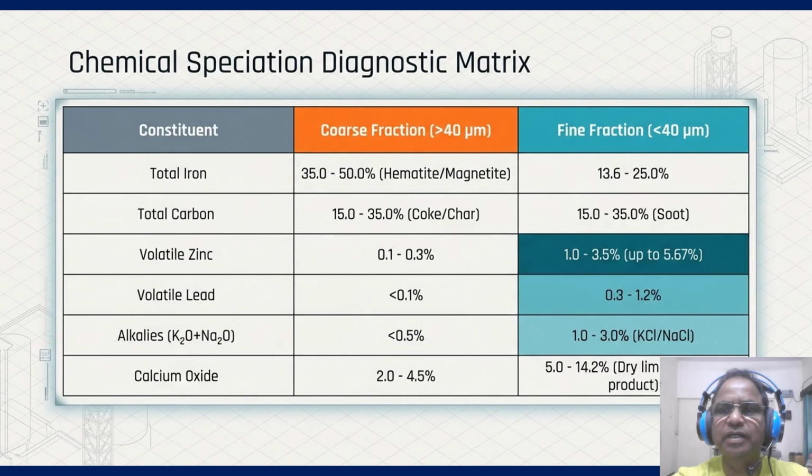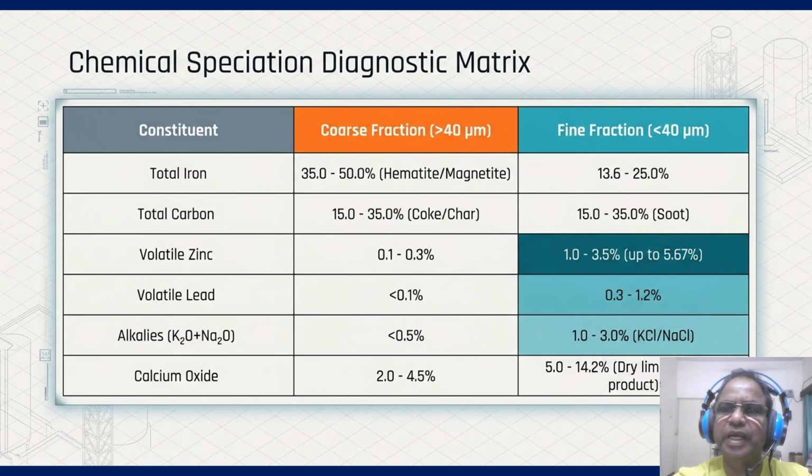Now look at the teal fine fraction column. The iron dropped significantly, but the volatile zinc spiked to 1 to 3.5% and sometimes as high as 5.67%. The calcium oxide at the bottom is elevated in the fine fraction, up to 14.2%, because of our dry lime injection in the baghouse.